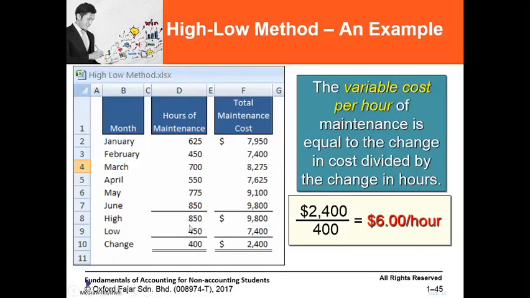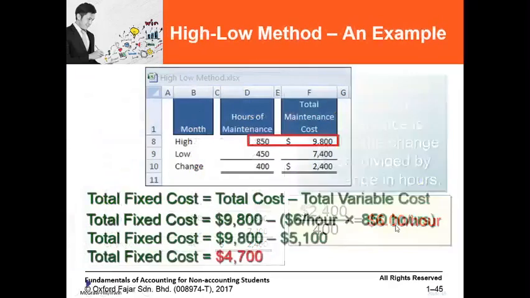So you take 850 minus 450, then you get 400, and the total maintenance cost 9,800 minus 7,400, then you will get 2,400. So 2,400, the change in cost, divided by the change in activity of 400, then you will get 6 ringgit per hour. So that is the variable cost.